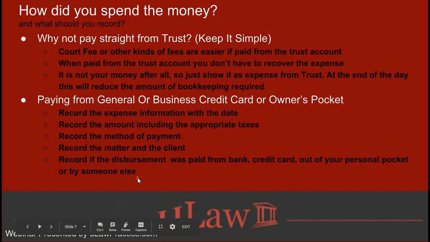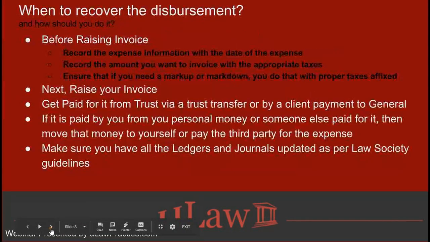And as we discussed earlier, if this is coming out of your general account, it's really important to categorize whether that was paid using your business account, maybe a business credit card, any accounts receivable, or anyone else in your firm who paid it on your behalf, whom the firm would have to pay back, or if this is actually coming out of your own personal money. Okay? That's something very important to keep in mind, and even more important to track when you're paying disbursements out of your general account.